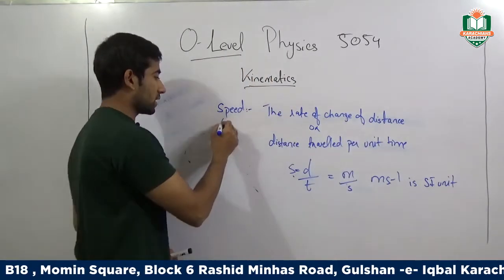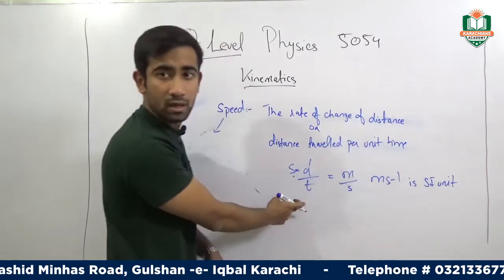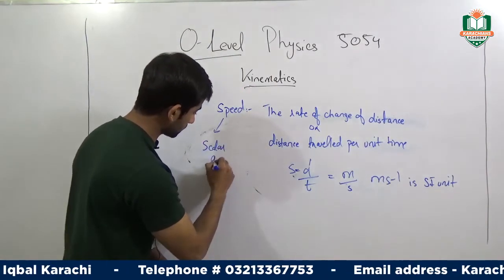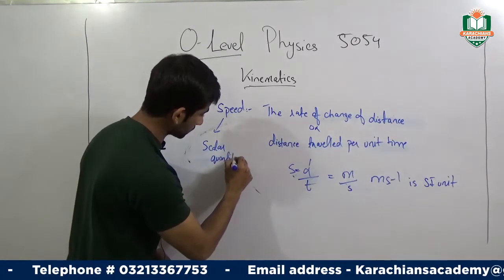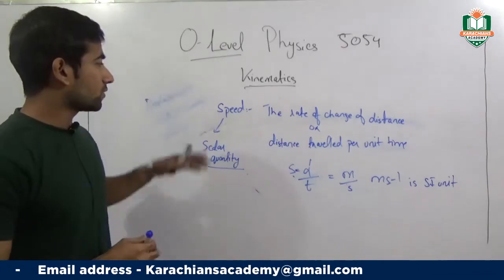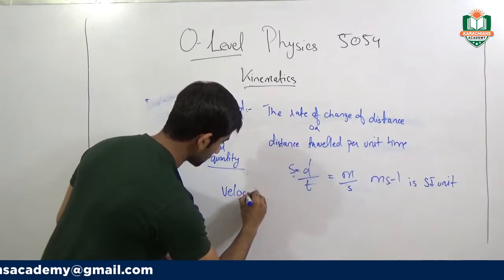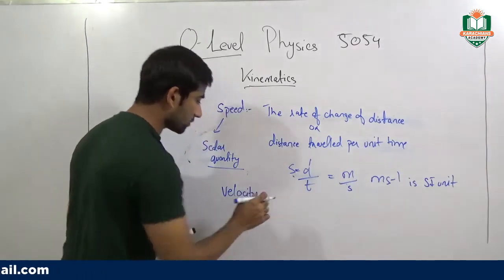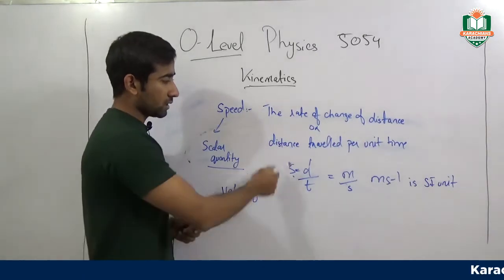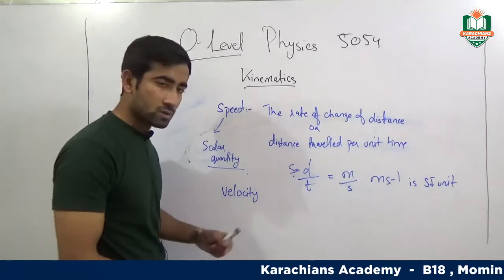Again, speed is a scalar quantity because it has distance, which is scalar, and it has time, which is also scalar. Now moving on, we have another quantity known as velocity. What is the difference between speed and velocity? The numerator in the case of velocity is displacement.